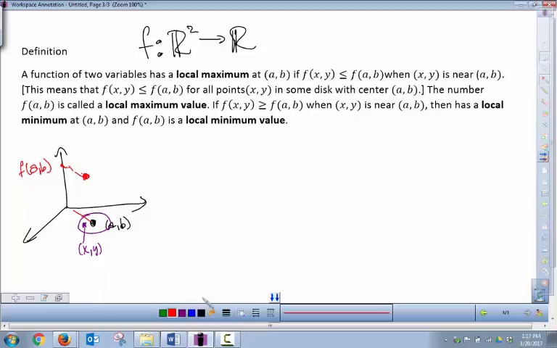And what they're saying is that if we put any other point like xy that's near AB, then that value would all be below. All these values near AB would all be below that other point. So any other pair xy that you pick that's near AB will give you a z value that's less than this f of AB value.